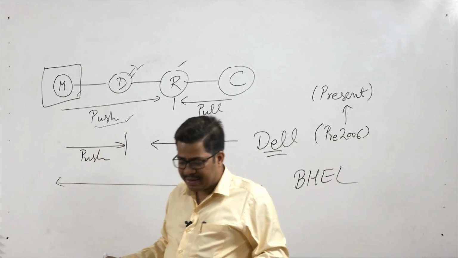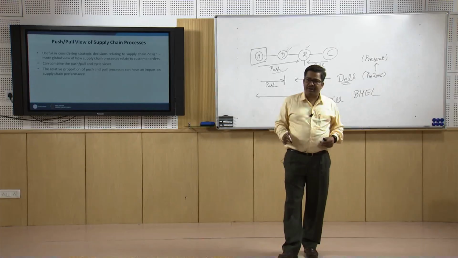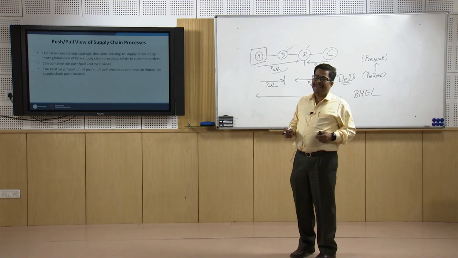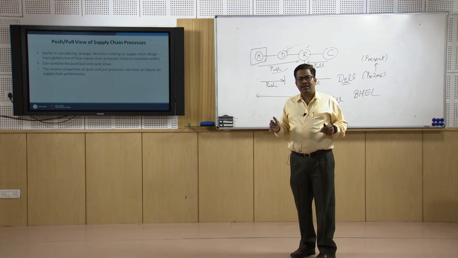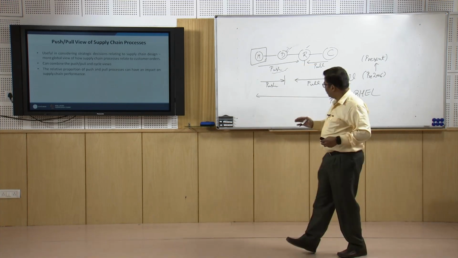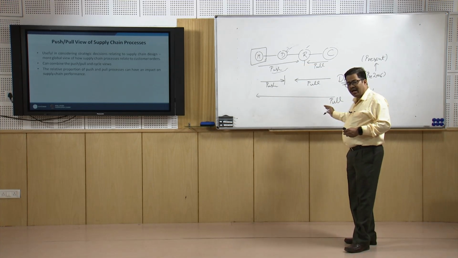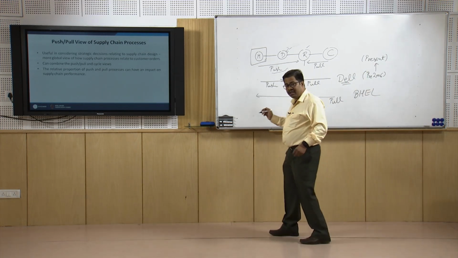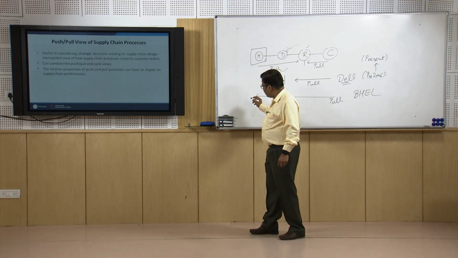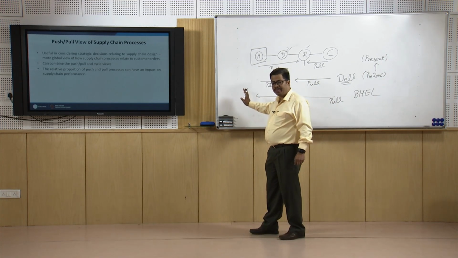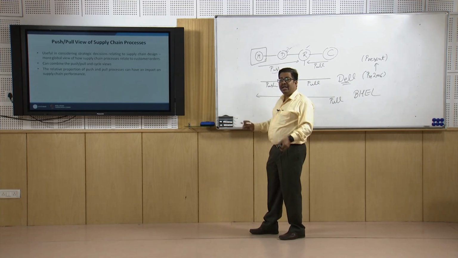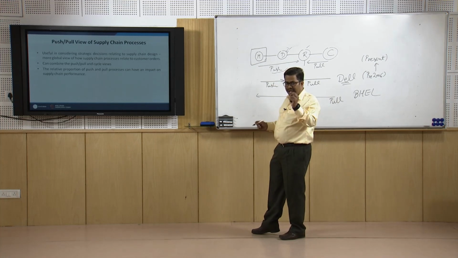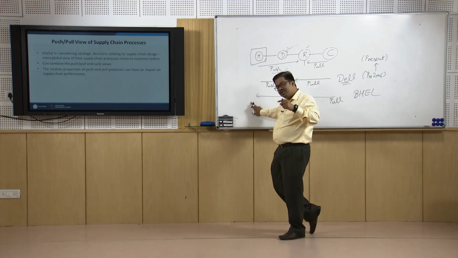So, for those products which are industrially marketed, or where the unit value is very high, you normally find the entire process happening in the full pull form, but still in this case the procurement of raw material, spare parts and some components may happen in anticipation. So, a little element of push will also be there.